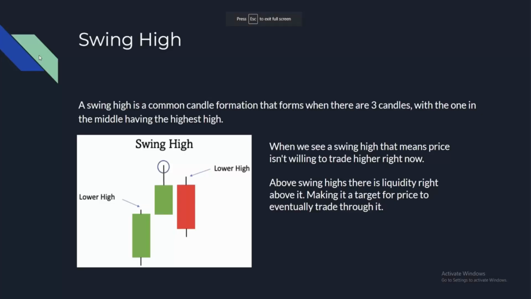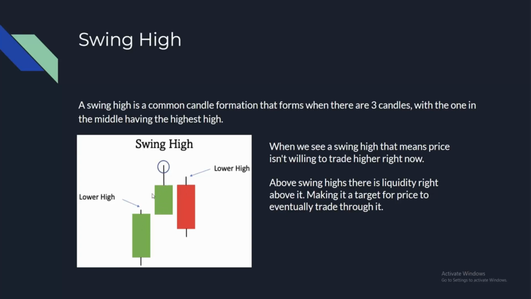A swing high is basically a 3 candle formation. This is candle number 1, candle number 2, candle number 3. Candle number 1's high has to be lower than candle number 2, and candle number 3's high has to be lower than candle number 2.